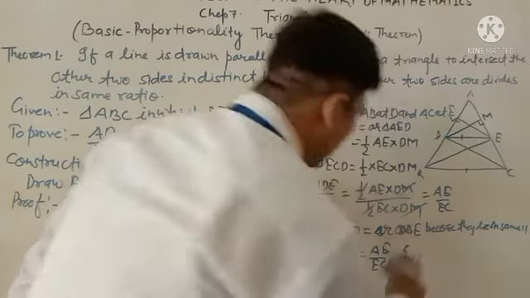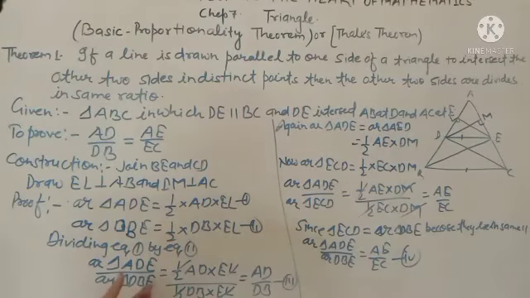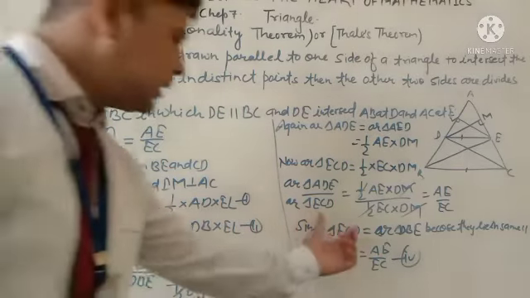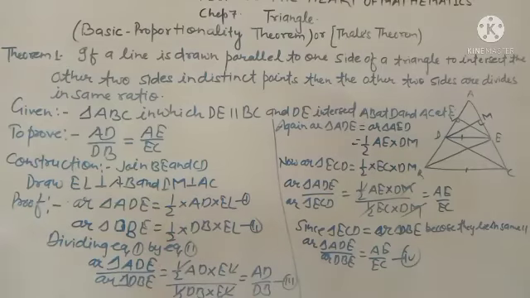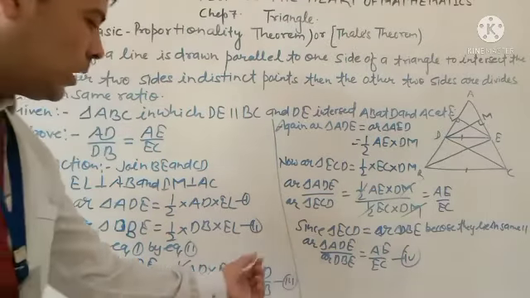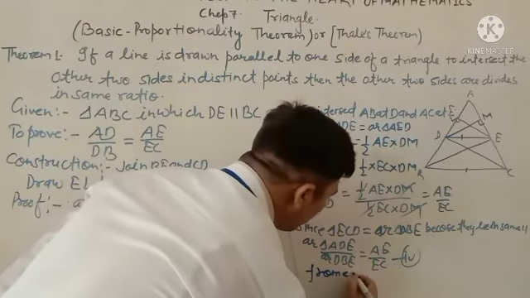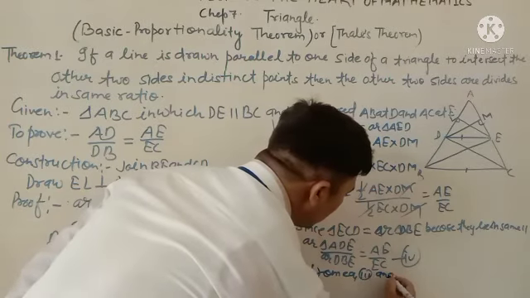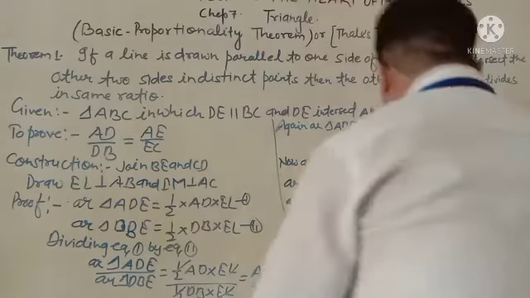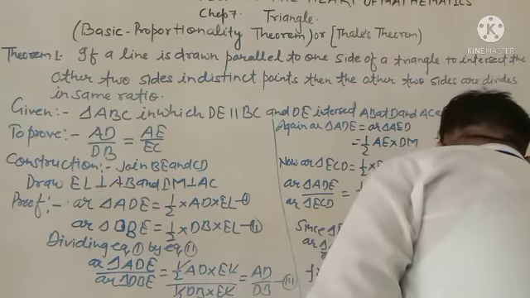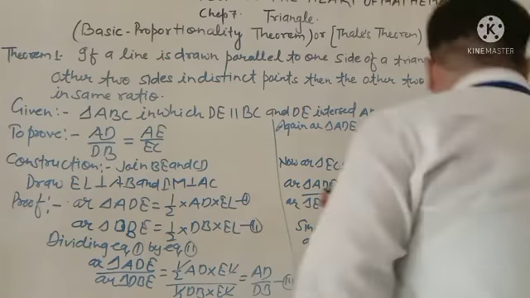Take it as equation 4. If you see equations 3rd and 4th, both are area of triangle ADE upon area of triangle DBE. Both area ratios are equal. Therefore, their values are also equal. So from equations 3rd and 4th, we have AD upon DB is equal to AE upon EC.